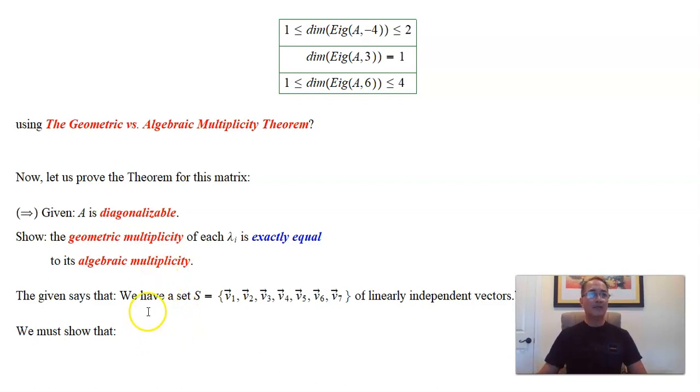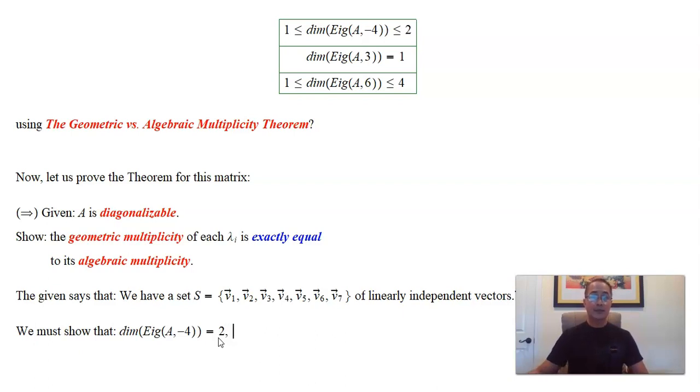Okay, so what do we have to show now? We have to show that each of these geometric multiplicities, their dimension, must be exactly equal to the algebraic multiplicities, which are the upper bounds. So we must show that the dimension of the -4 eigenspace is exactly 2.